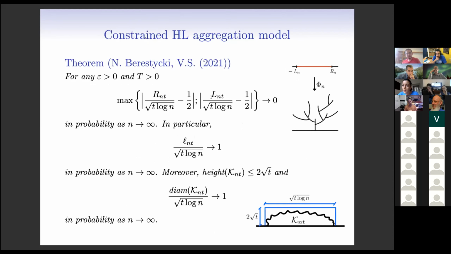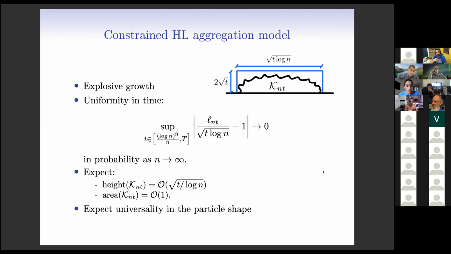Not like one is going to the right, the other is going to the left. Am I right? Or maybe one of the minus signs should be a plus sign. Oh, R and L, you mean? So here the left extremum is minus L. Ah, okay, fine. So L is just the distance from the origin.